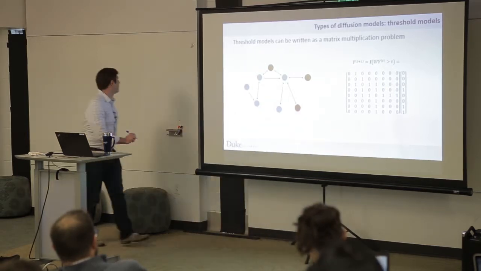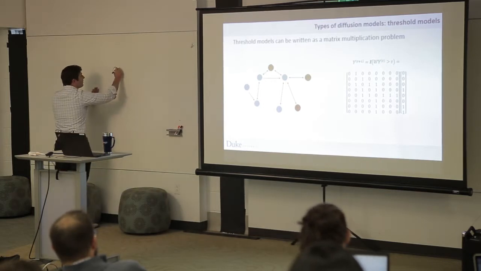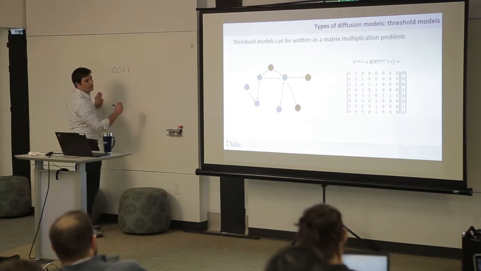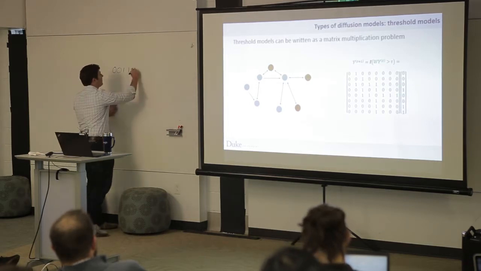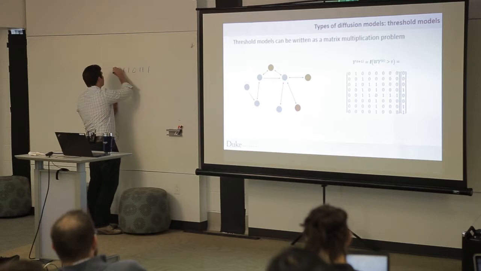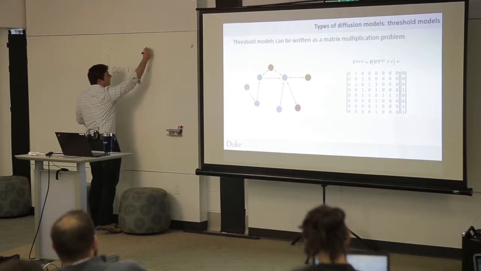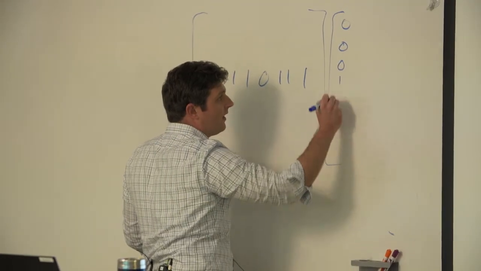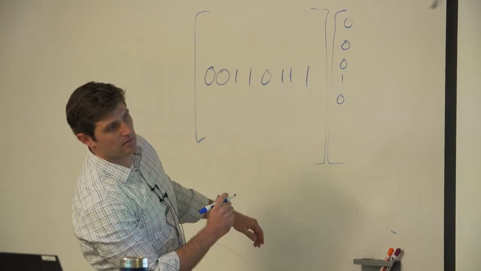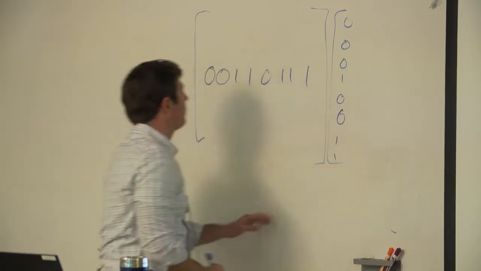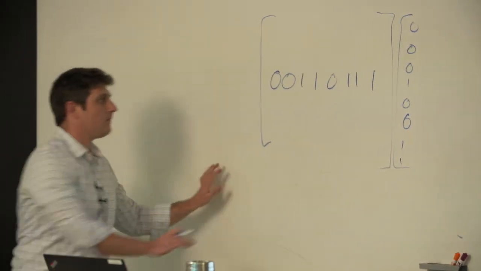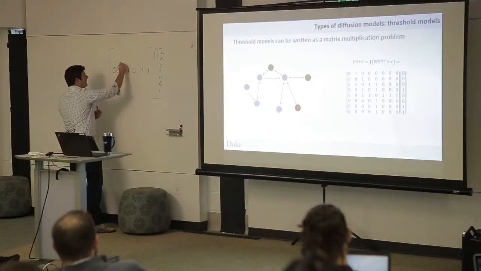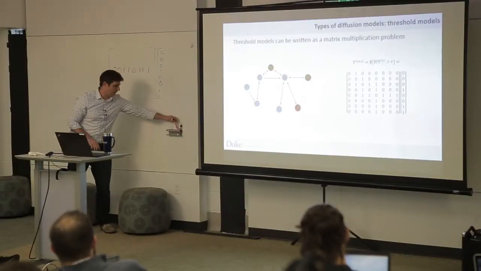So it's 0, 0, and I have 1, 1, 0, 1, 1, 1, 0, 1, 1, 1. Times 0, 0, 0, 1, 0, 0, 1, 1. Thank you. OK. I'm going to make a note here. This should be a 0. Just FYI on the slides.